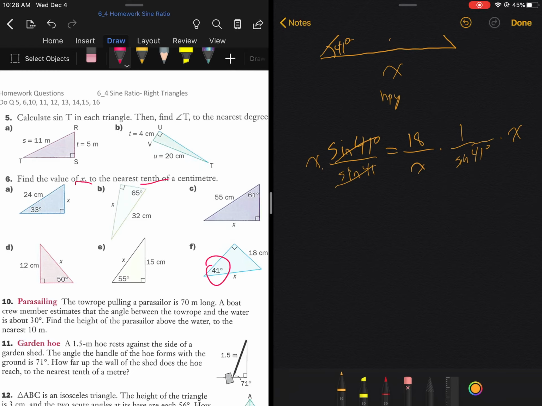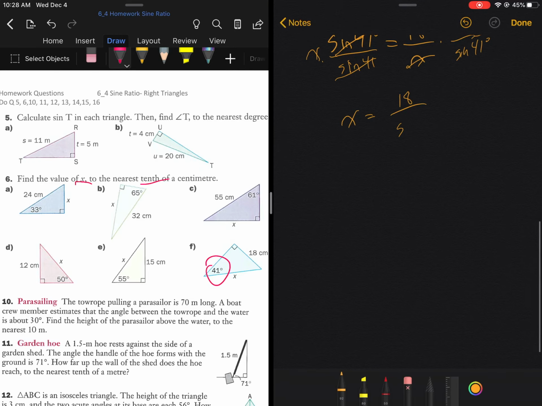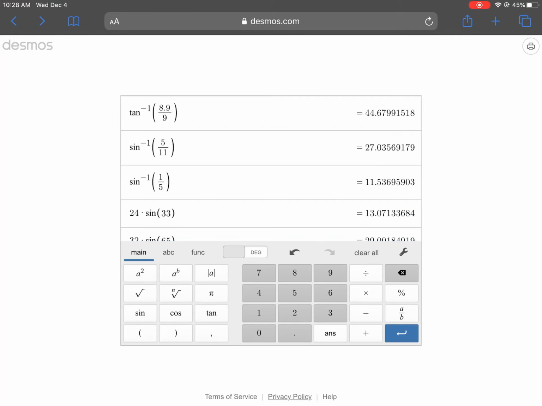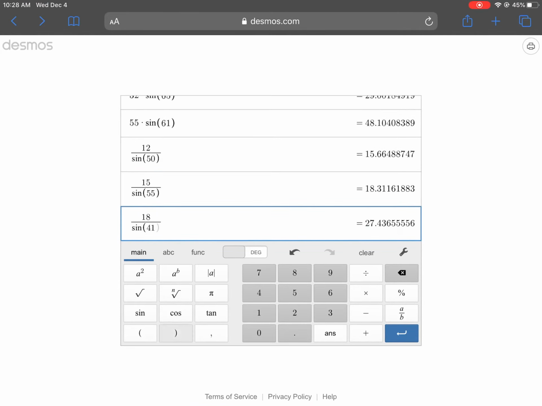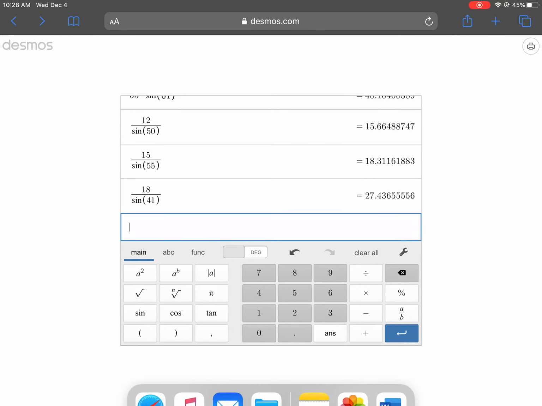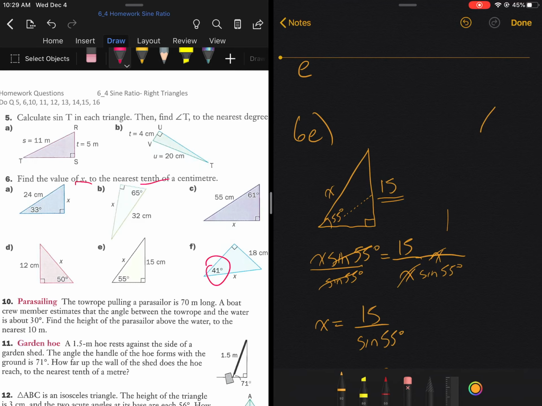Right, we cross these out. X is now equal to 18 over sine of 41. 18 divided by sine of 41 degrees equals 27.4. So x equals 27.4.